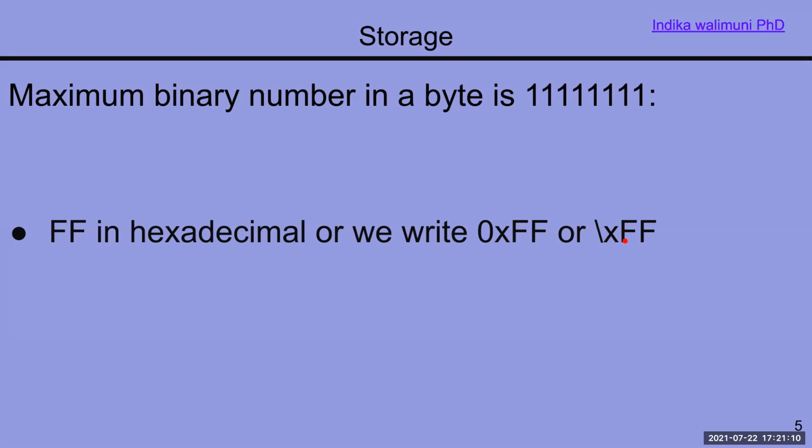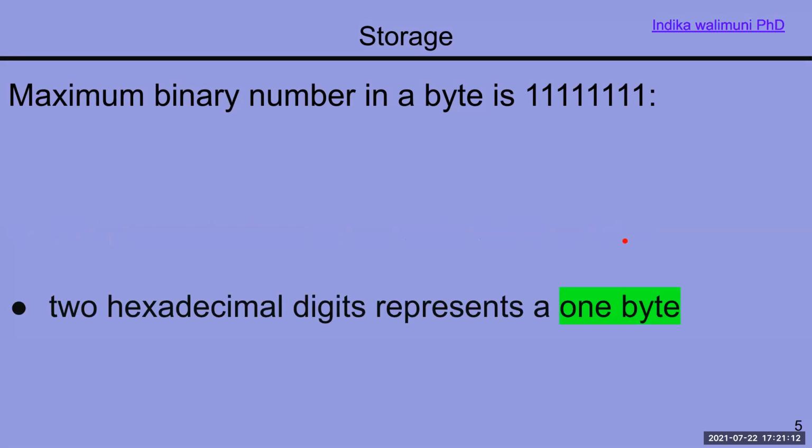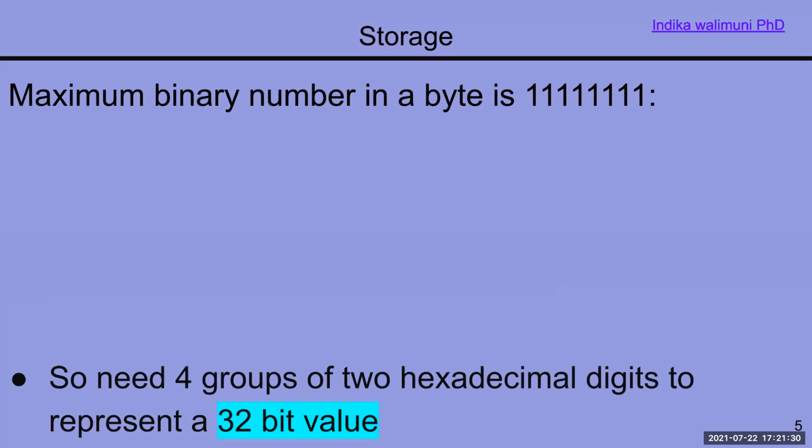So there are 2 hexadecimal digits in 1 byte. Basically, we then need 4 groups of 2 hexadecimal digits to represent a 32-bit value.